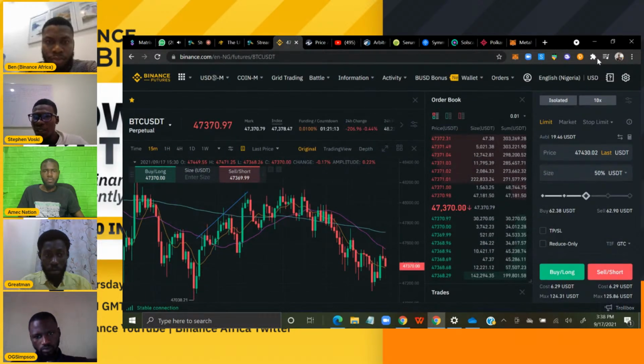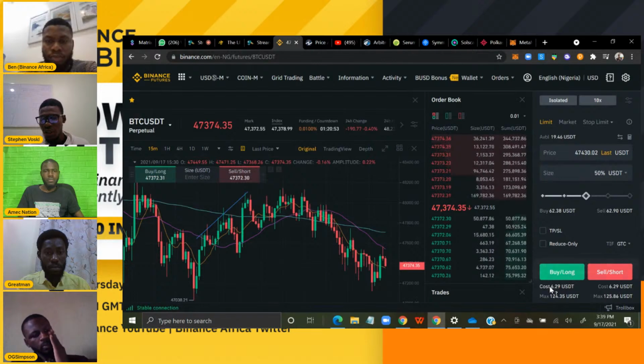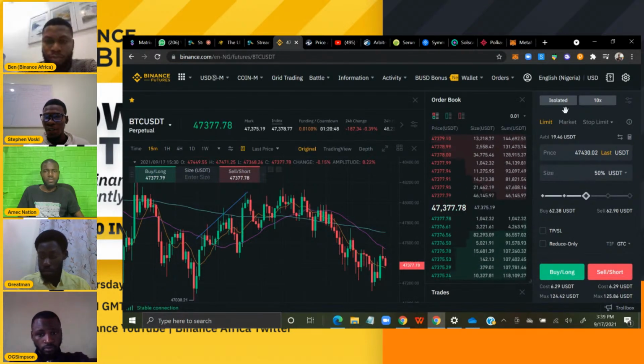If I place this trade using isolated margin, it means that the only amount of money that will be used for that particular trade is the amount I assigned to it, which is this $6.29. That is what will be used for that trade.